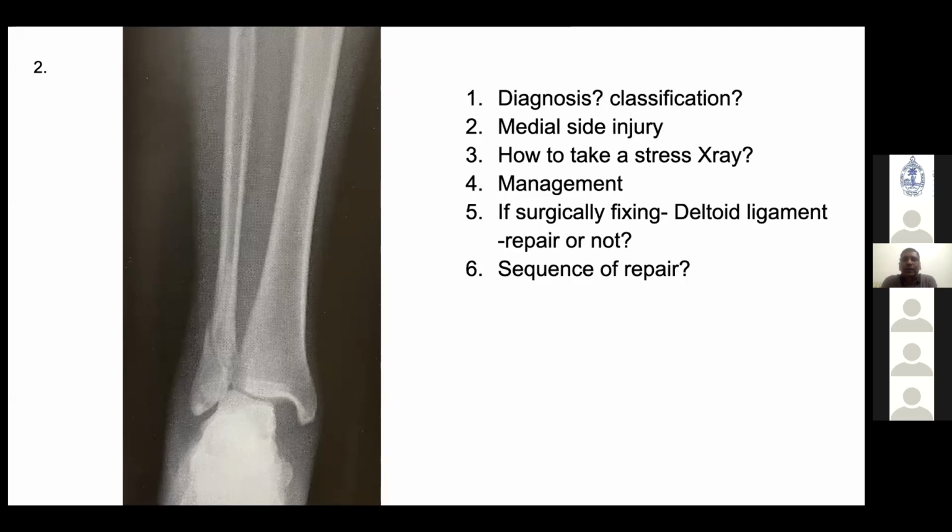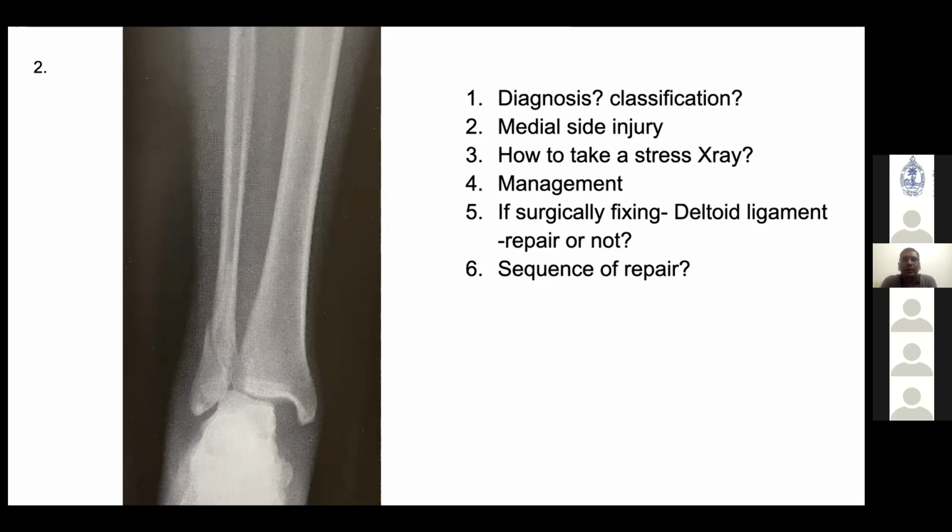So what do you expect on the medial side? Even though you have reduced the fibula correctly, there is widening of the medial joint space still persisting. What could be the reason for increased joint space on the medial side? Subluxation of talus bone. No, if you corrected it, the subluxation is not there.